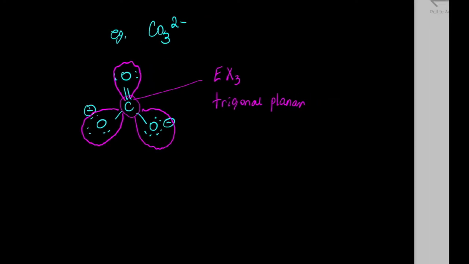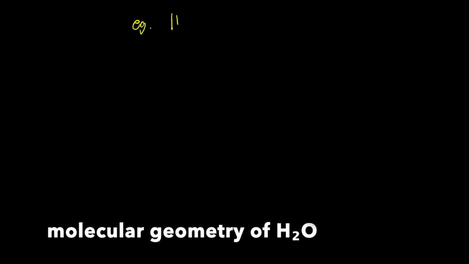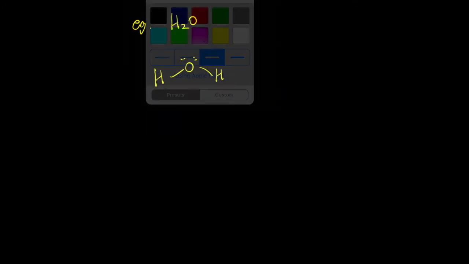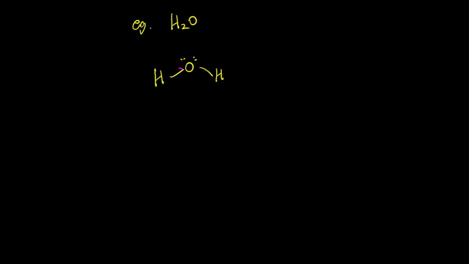And so let's review water. Water is this molecule here, as we very well know. And this oxygen is bonded to one electron pair group there, one unshared electron pair, and another.